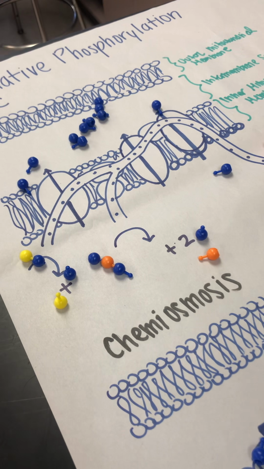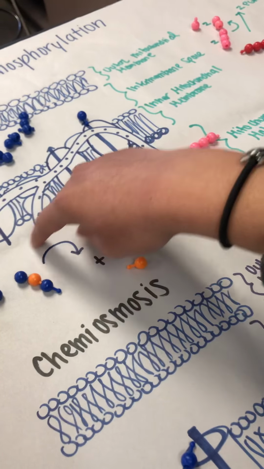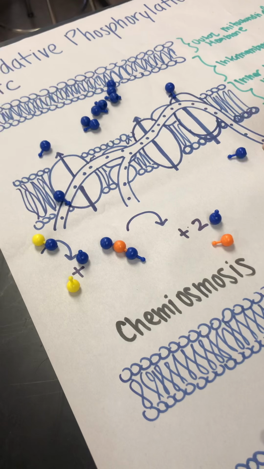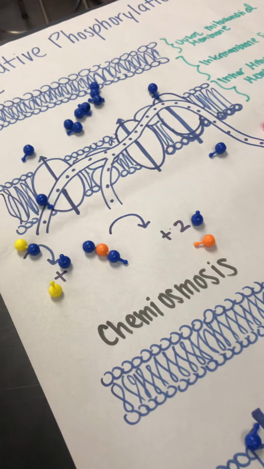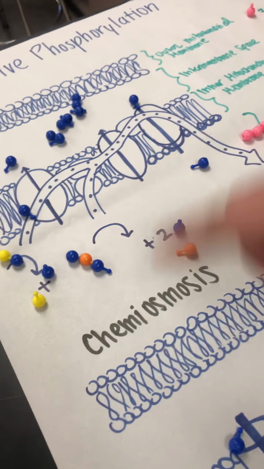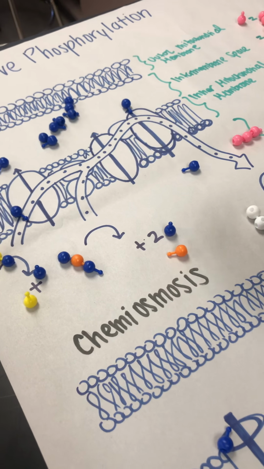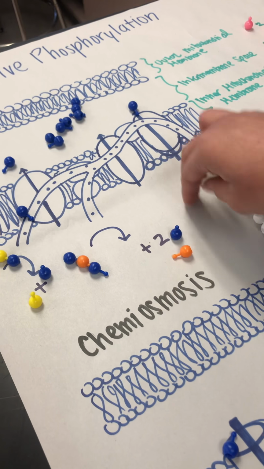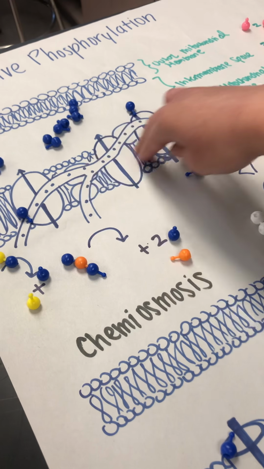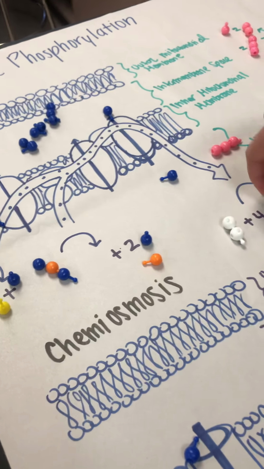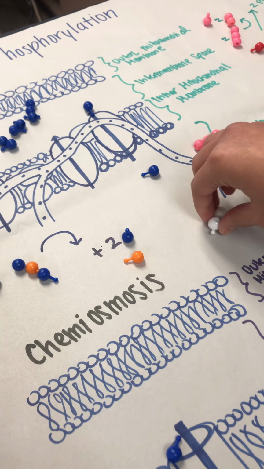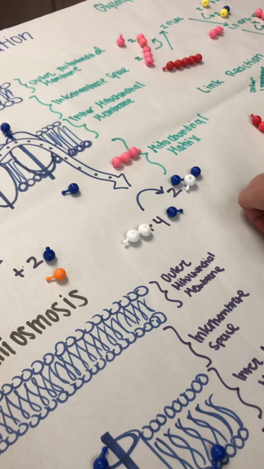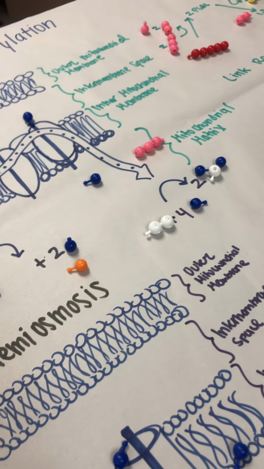Electrons go down the ETC and hydrogen ions move into the intermembrane space, and then four hydrogen atoms are added to 2 O2 molecules to produce 2 water molecules.